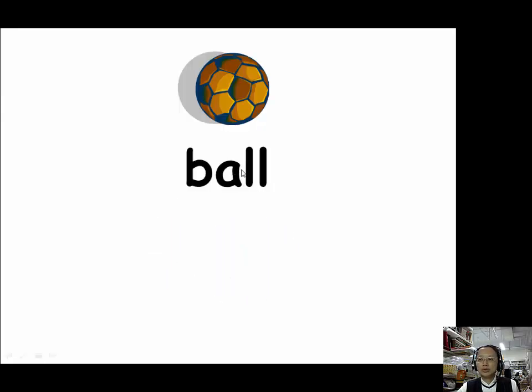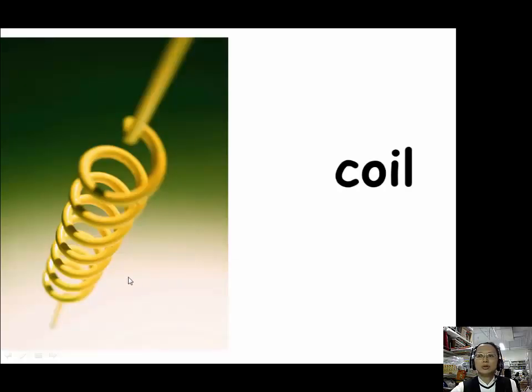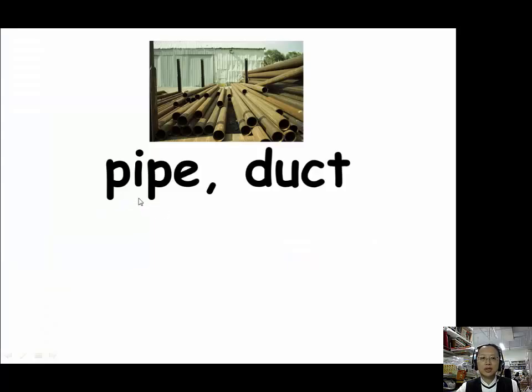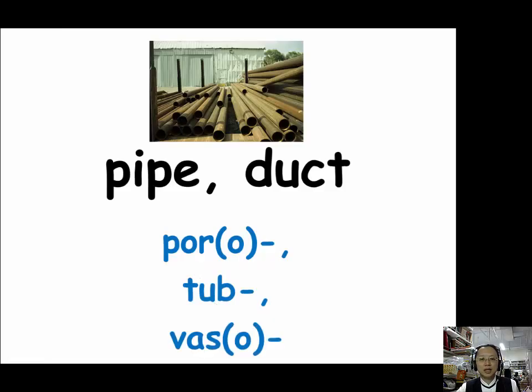When we want to describe things that are shaped like a ball, we use S-P-H-E-R. When we want to describe things that are coil-shaped, we use S-P-I-R. For things that look like a pipe or a duct, we use poro, P-O-R-O, or tube, T-U-B, or V-A-S-O, vessel.